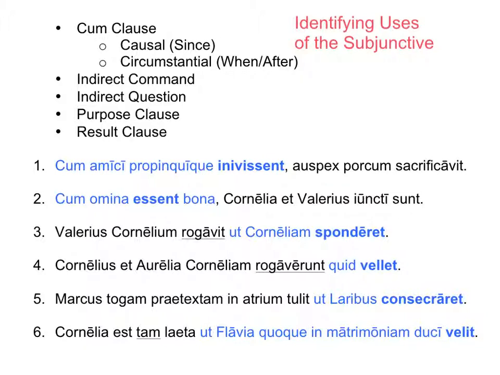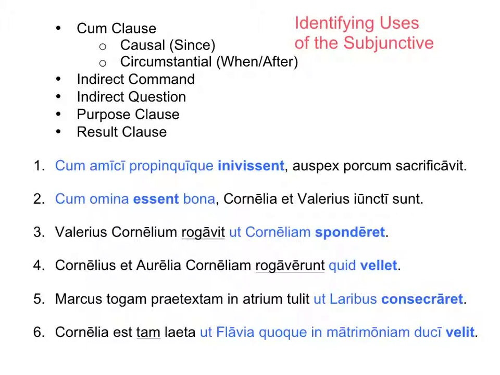So when we're looking at some sentences, I can see all of these have a subjunctive verb. So I'm seeing a pluperfect, an imperfect, an imperfect, an imperfect, another imperfect, and a present subjunctive. So I've got all of these subjunctives, and I'm trying to figure out what they're doing.